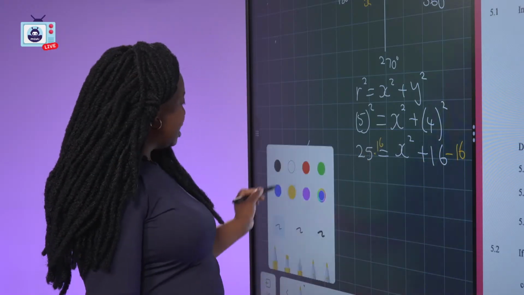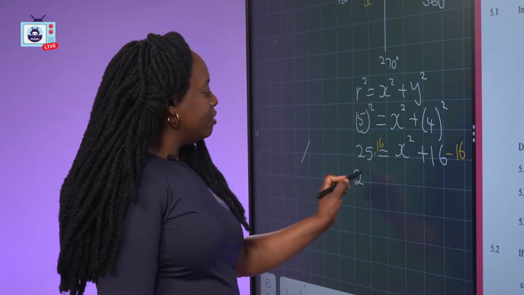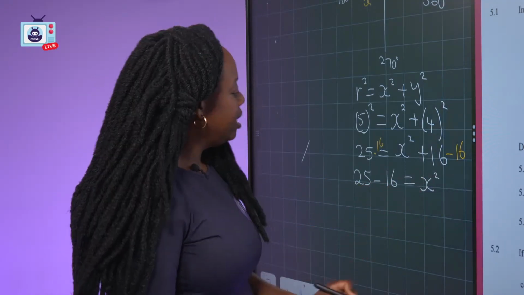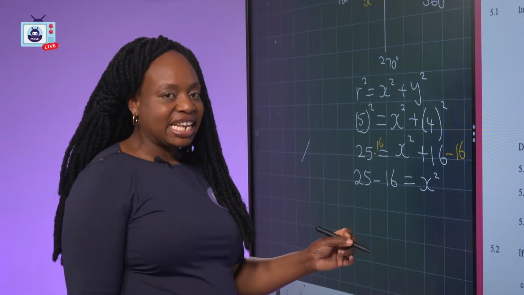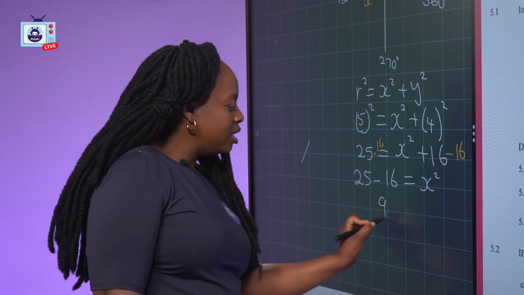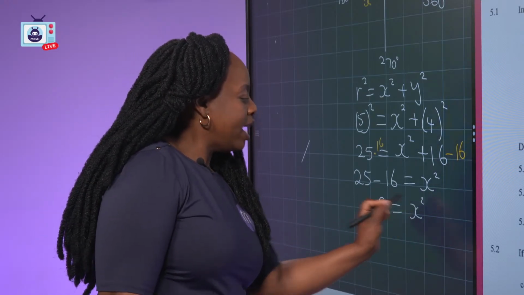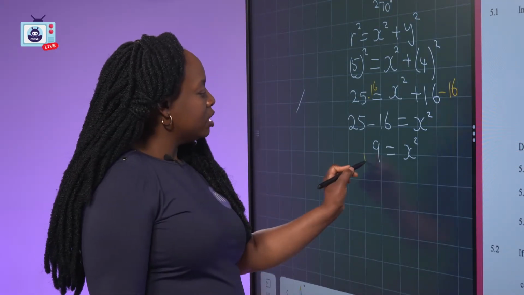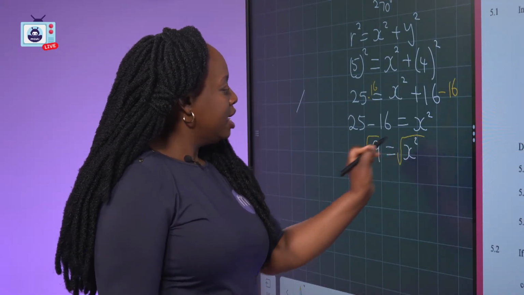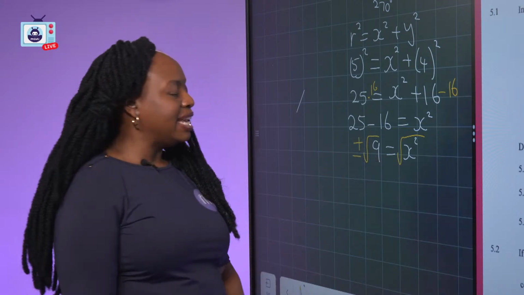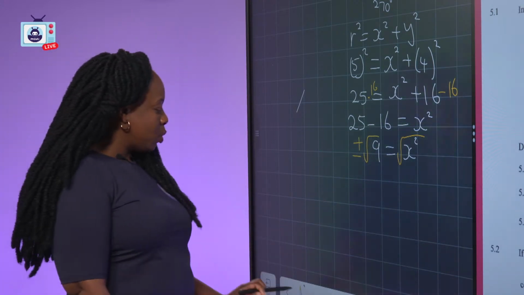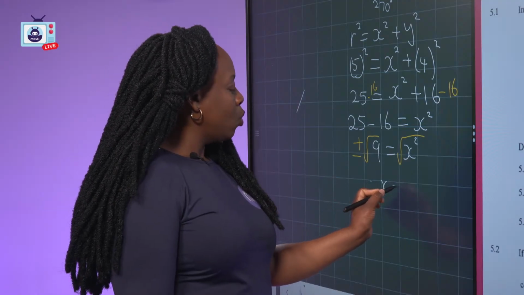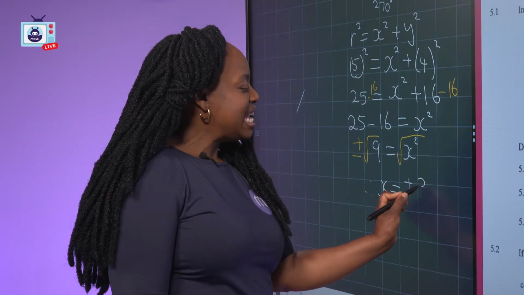So when we subtract 16, we have 25 minus 16 equals x squared, where 25 minus 16 will be 9. So x squared equals 9. Therefore, if I put a square root on both sides, remember this will be plus or minus since I'm inserting a square root, then it means that x will be equal to plus or minus 3.